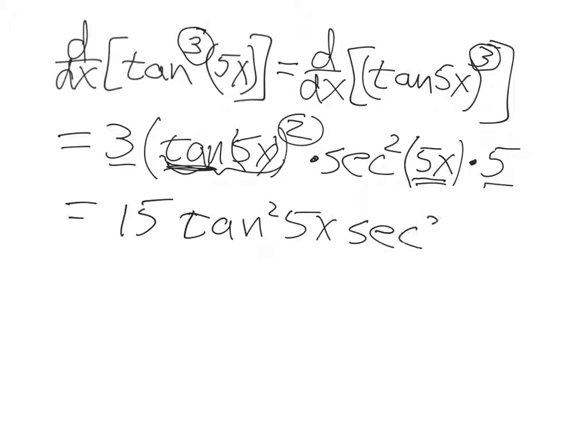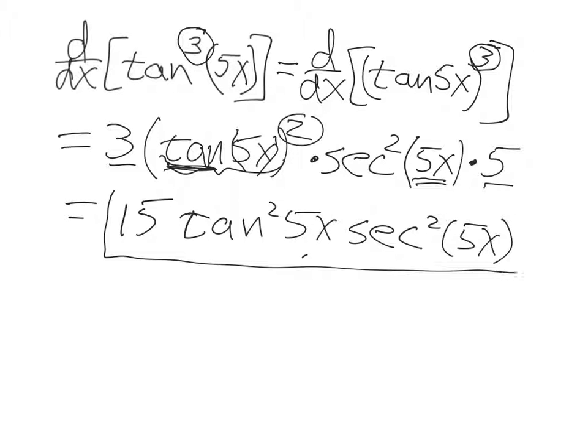And then times secant squared of 5x. Now, whether you put parentheses around the 5x or not, either way means the same thing. You just need to recognize that 5x is the inside of tangent and the secant parts. Okay, so that would be our answer to that one.